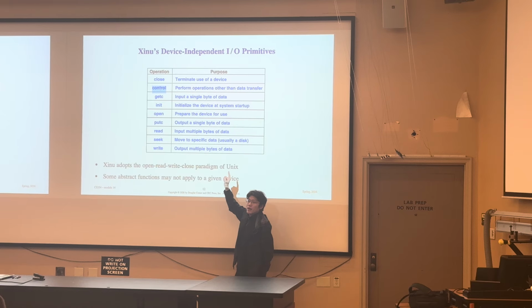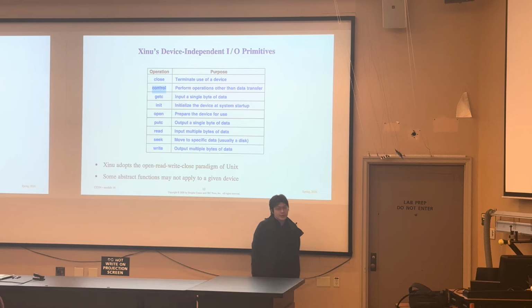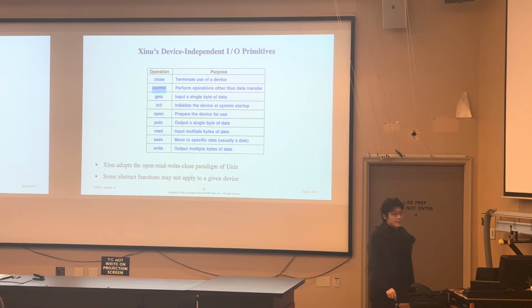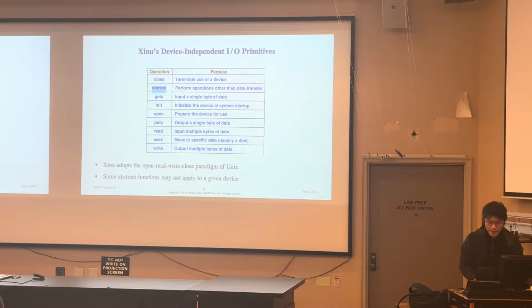The control interface in different device drivers takes different numbers of parameters for different purposes. So control is the ad hoc design. This generic interface hides all the dirty work, the ad hoc designs in the control interface. Everything else is quite standard across different devices.